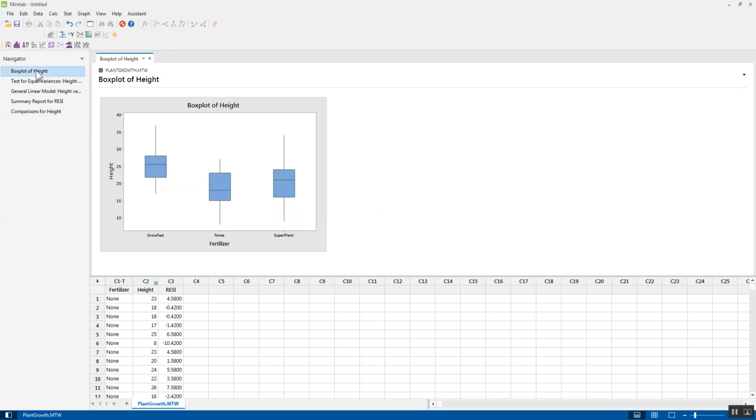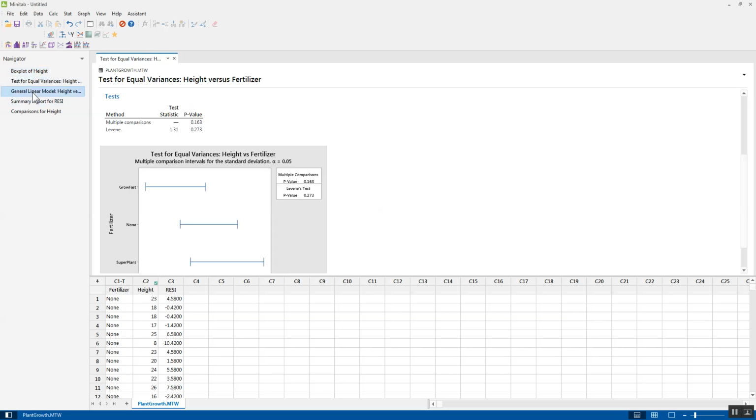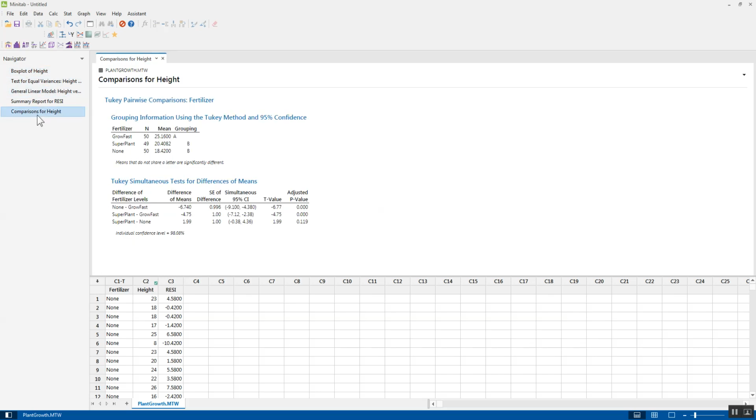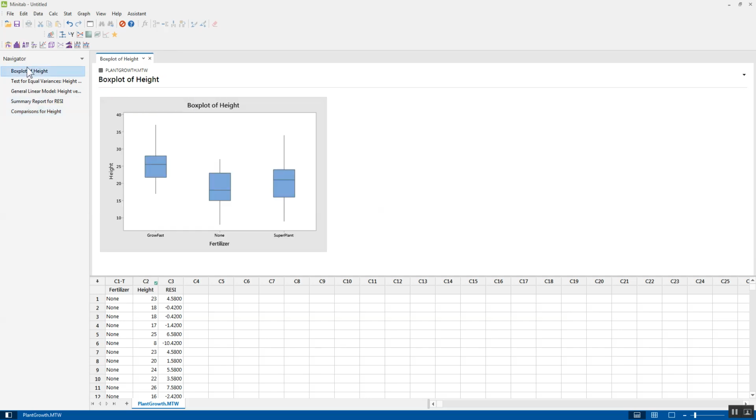You can see the benefit of this navigator menu allowing me to flip between all the different analyses that I've done. Here are my 2 p-values against none versus grow fast. The p-value that they're not significantly different is less than 0.001. Reject the null. Superplant and grow fast, reject the null. Superplant and none, no significant difference.